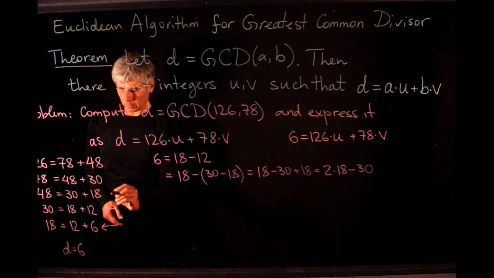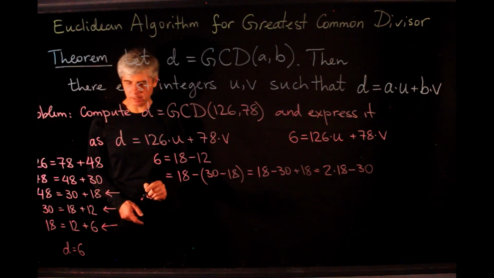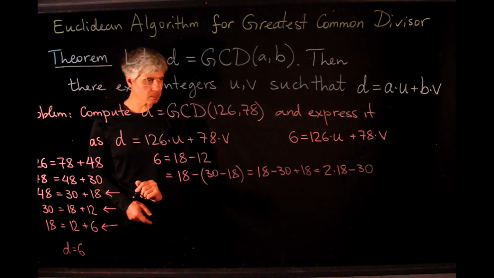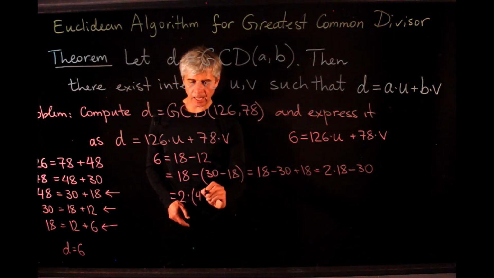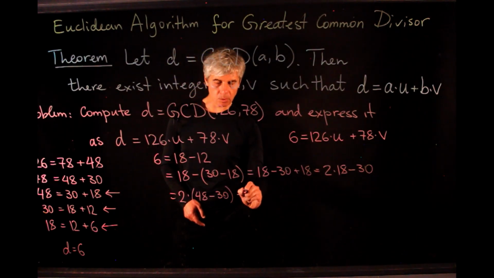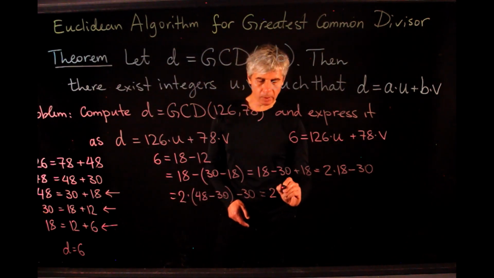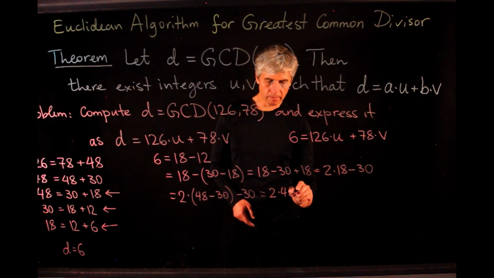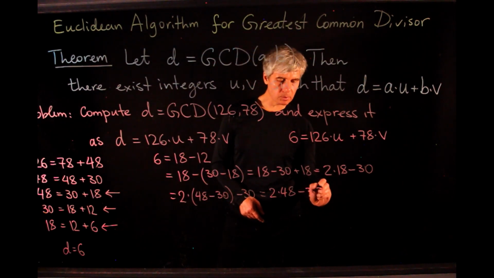Next we climb to 18 and we need to eliminate 18 as 48 minus 30. So this is 2 times 48 minus 30 minus 30. If we expand this, we get 2 times 48 minus 2 times 30 and minus 30, so that's 3 times 30.